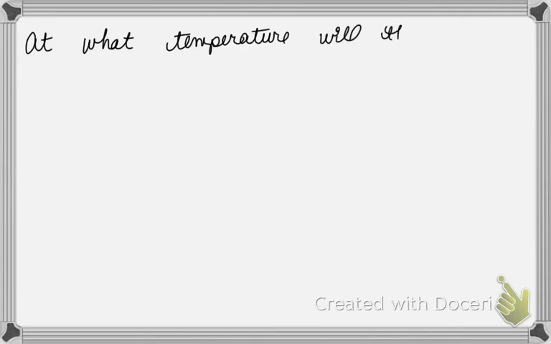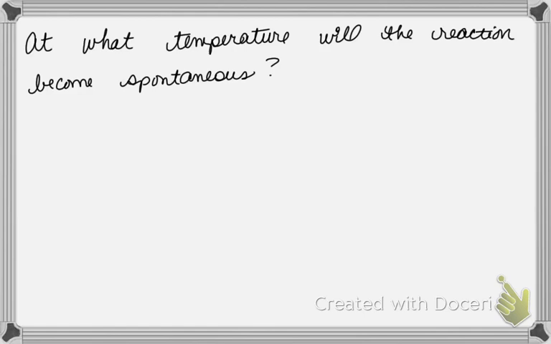a high temperature? So let's ask another question. At what temperature, this is going off of that same calcium carbonate problem, at what temperature will the reaction become spontaneous? Okay, and I'm going to transfer all of our information over.